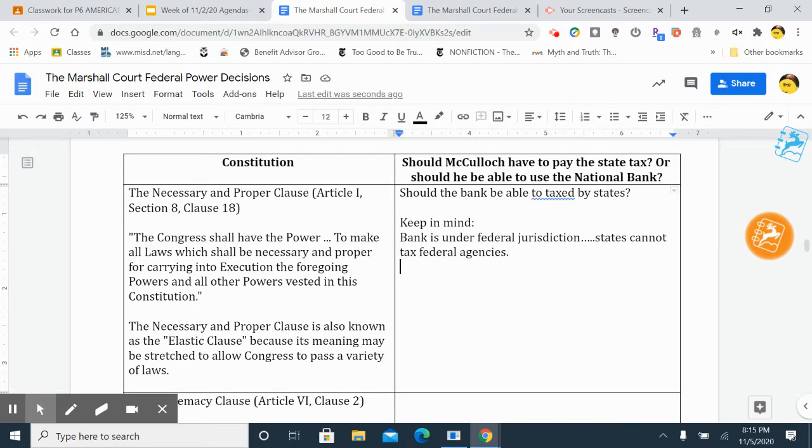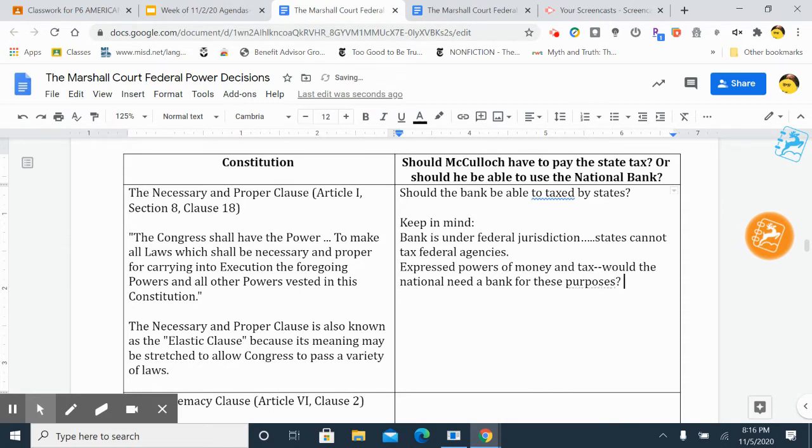Keep in mind the expressed powers of the United States to coin money and tax, the ability to tax, right? And would Congress, would the national government, need a bank for these purposes? This is not the answer per se.